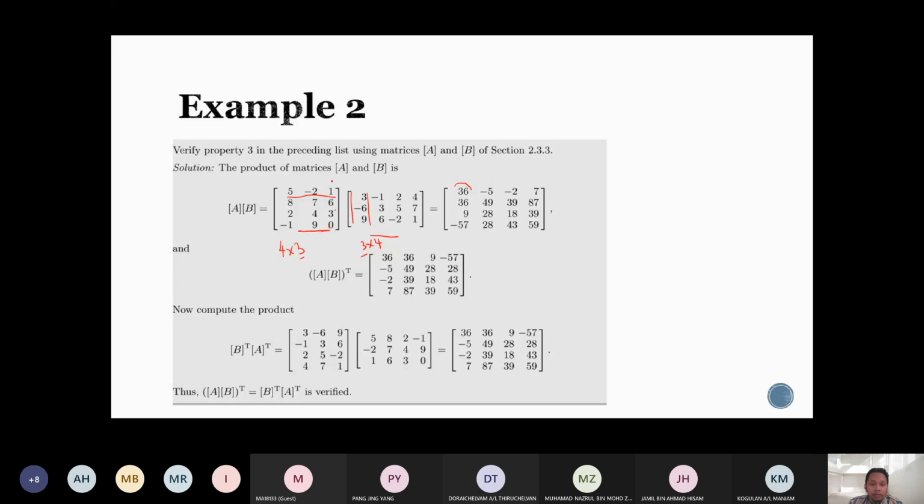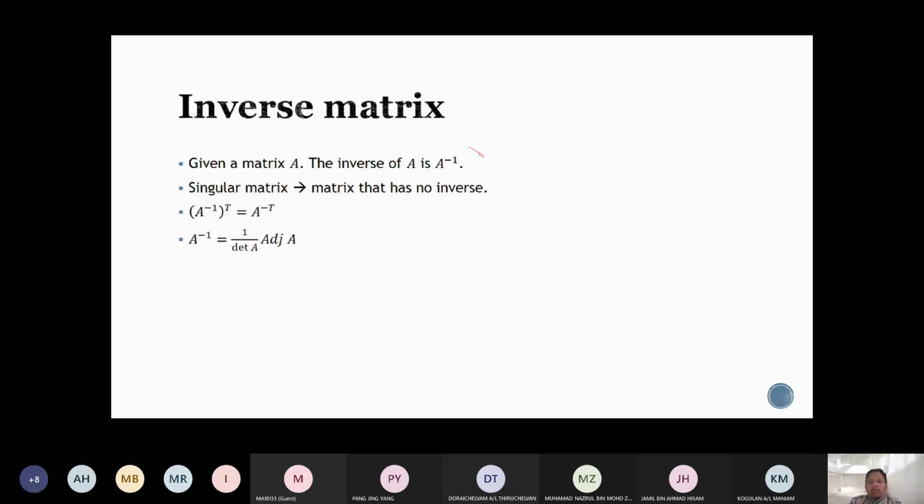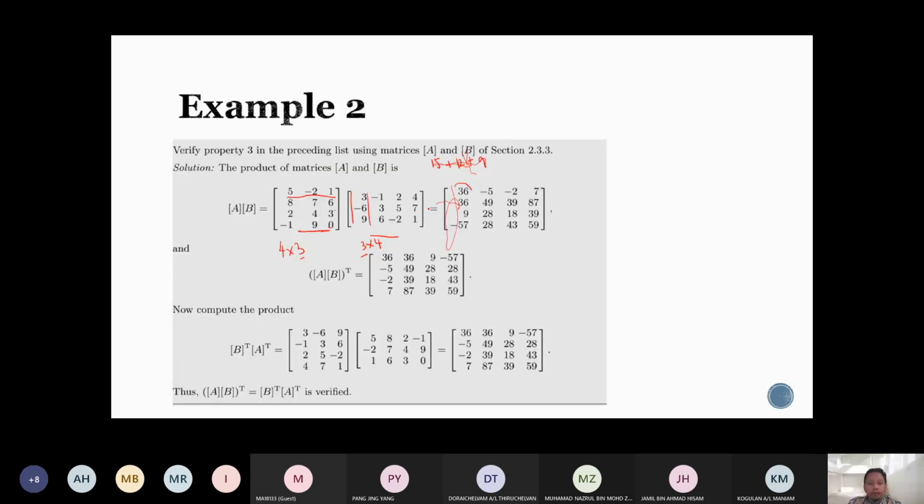So 5 times 3, plus negative 2 times negative 6, plus 1 times 9. Add them all, then you get 36. Okay. Betul right?